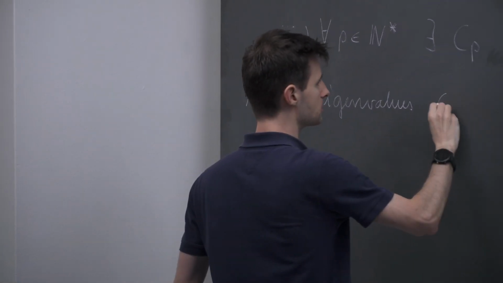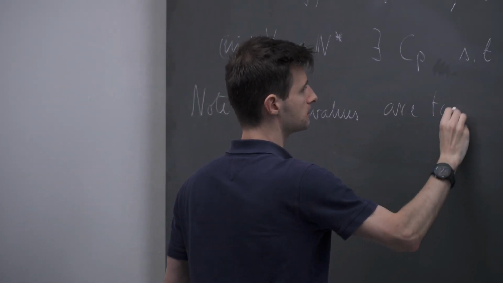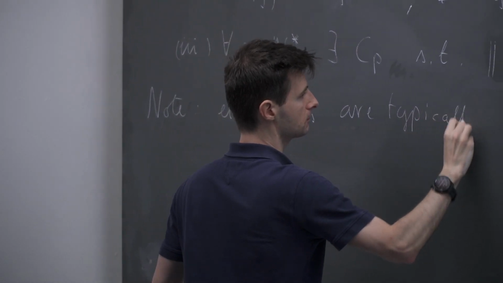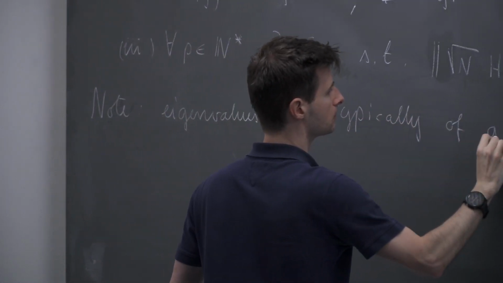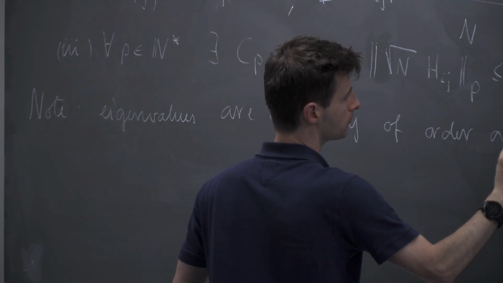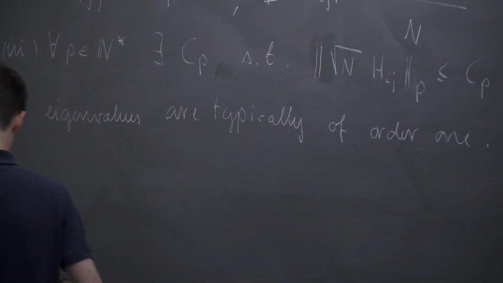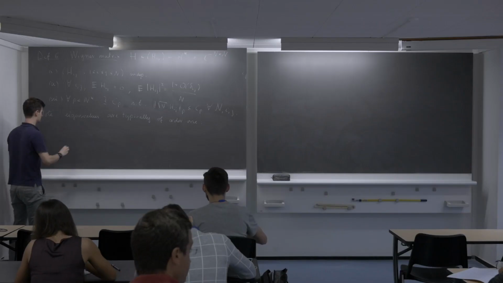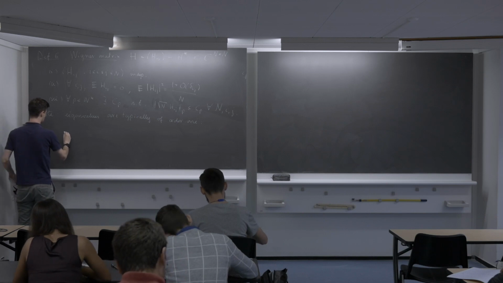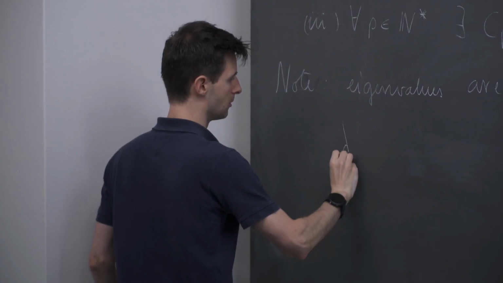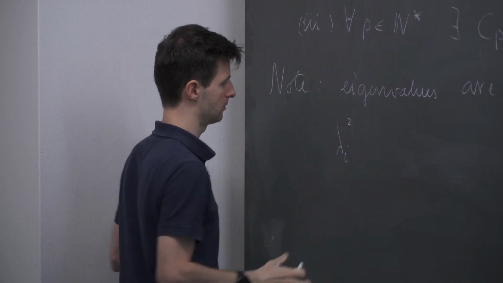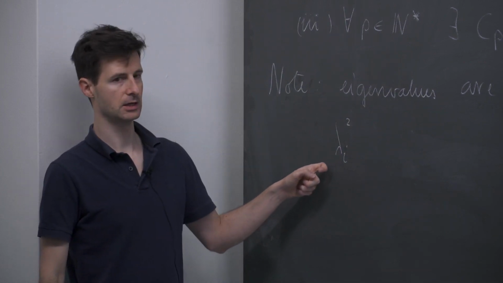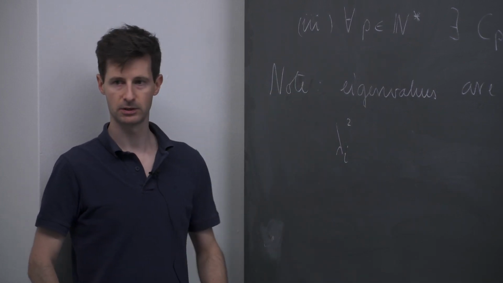So the eigenvalues are typically of order 1. What does this mean? One way of making this precise is to take an eigenvalue lambda i. If you recall, this was our notation: lambda i is the ith eigenvalue of H, which is a real number.